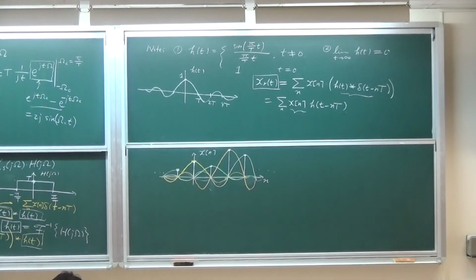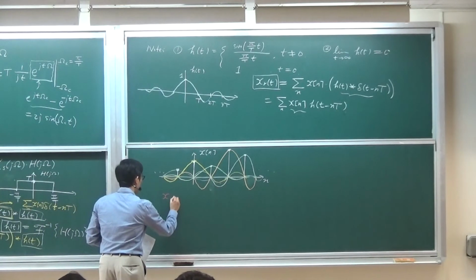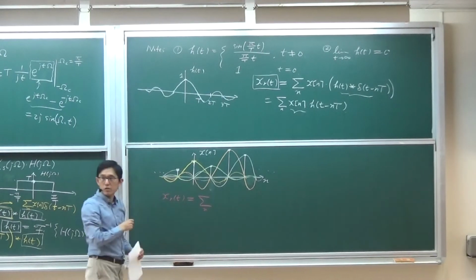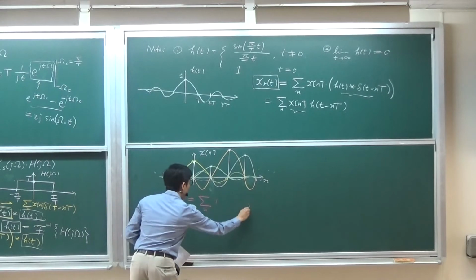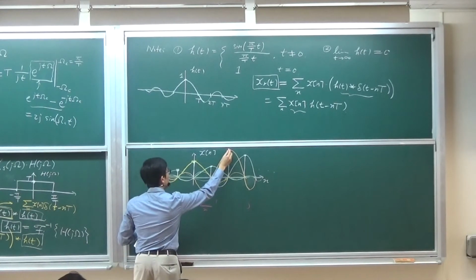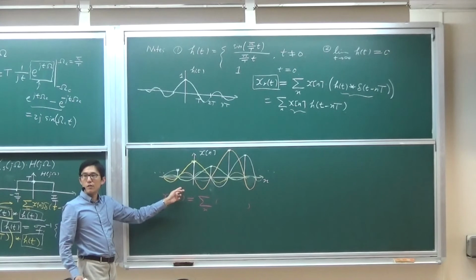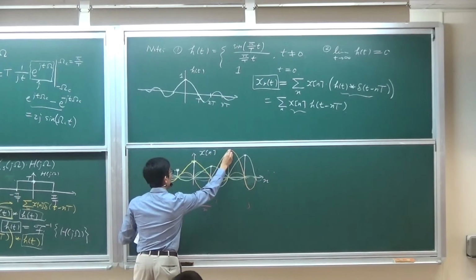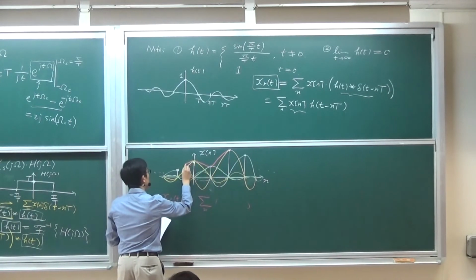Now I'm asking you to imagine summing all the sinc functions, adding them all up. Then in the end, the reconstructed x is the sum of everything, the sum of all the colors. By inspection, I'm inviting you to look at this summation, and I hope you agree that in the end the signal will look something like that.